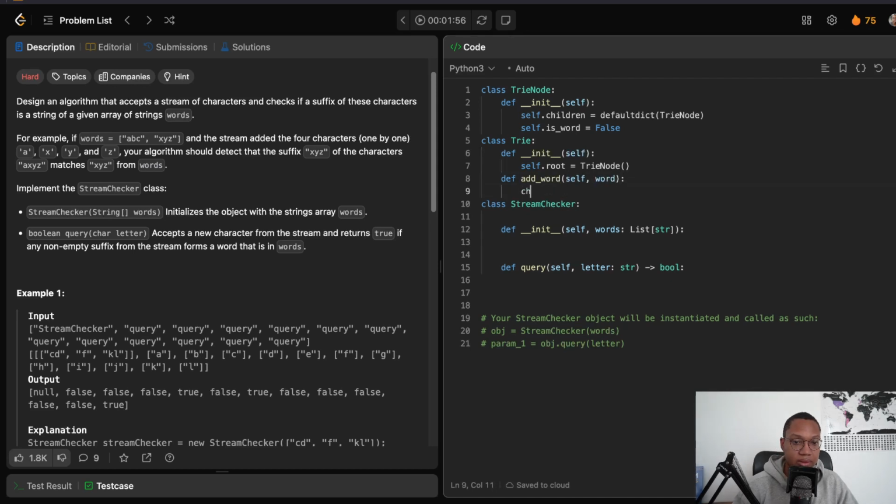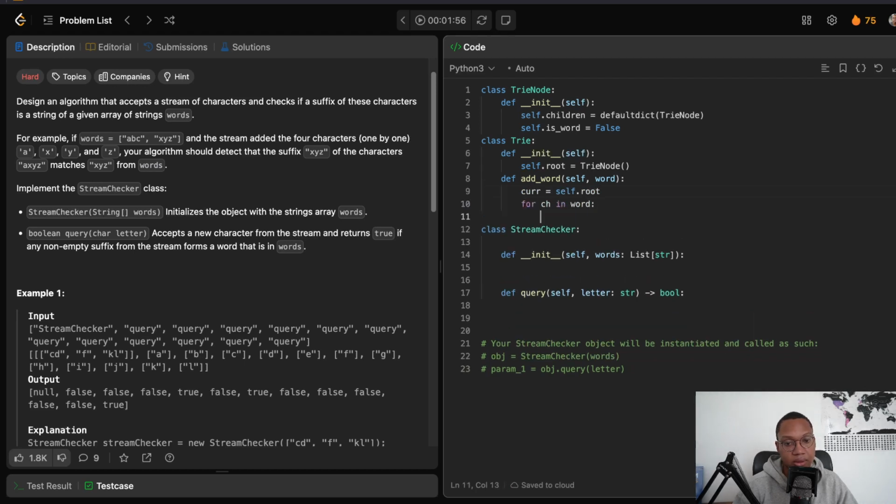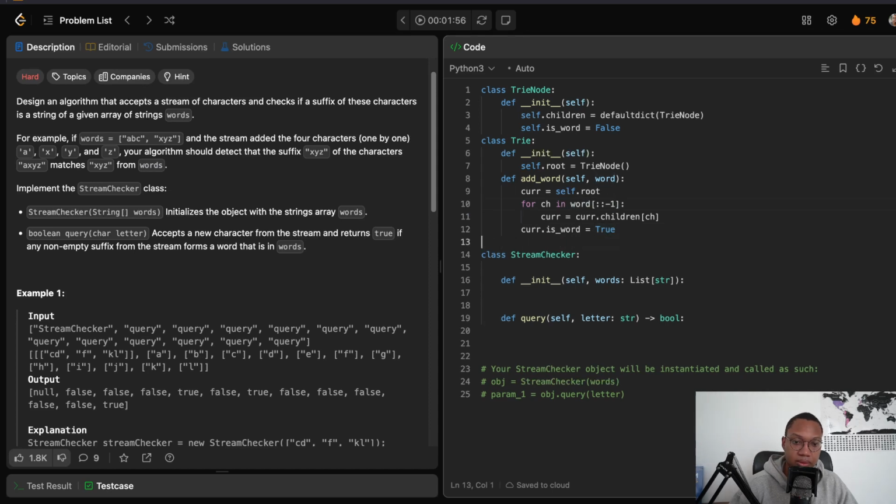And then current is self.root, for ch in word: current equals current.children[ch]. Do that, and then we just set current.is_word to true. And it's a reverse one. So we want it that way, and then def has suffix.